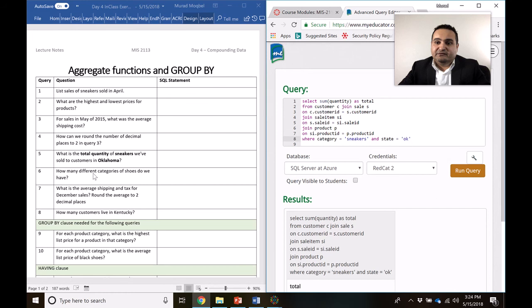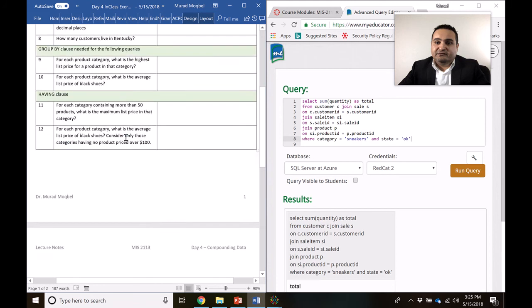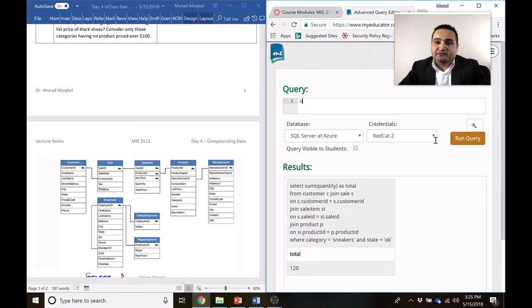So we got the idea here. So now how many different categories of shoes do we have? The categories are here, but we want them to be distinct. So I will just delete this one. I will say select. How many categories do we have? Remember when we say how many, is that a count or a sum?